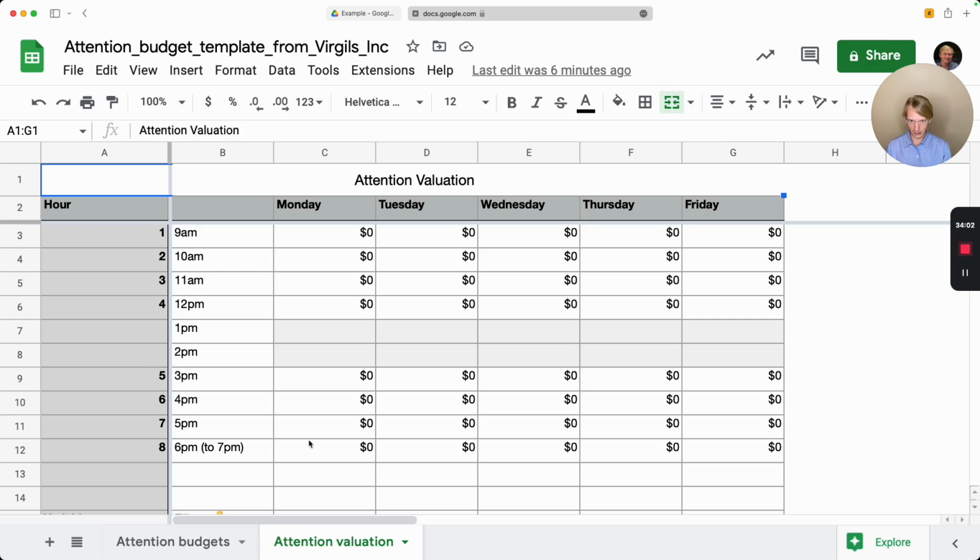But especially if you're a participant in the workforce, understanding how valuable certain hours, certain periods of attention are to you at different times of day, days of the week, is incredibly sobering. It really changes the calculus of you letting certain intrusions into your precious time happen or not happen.